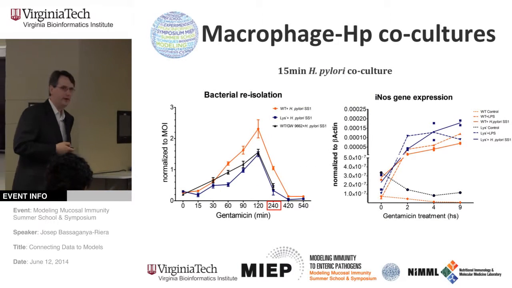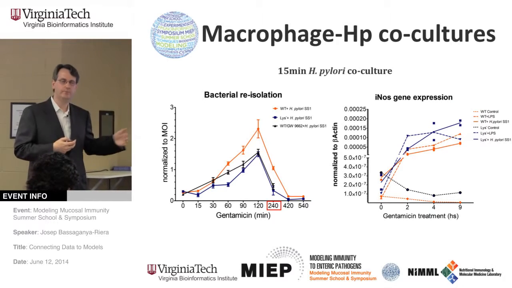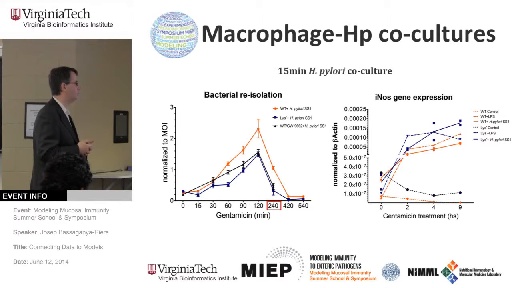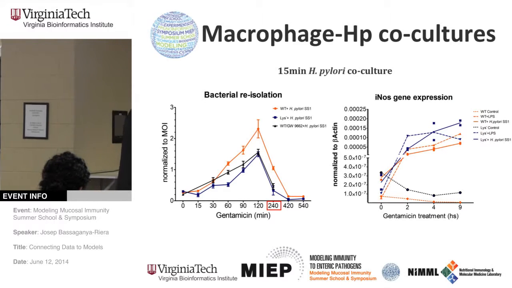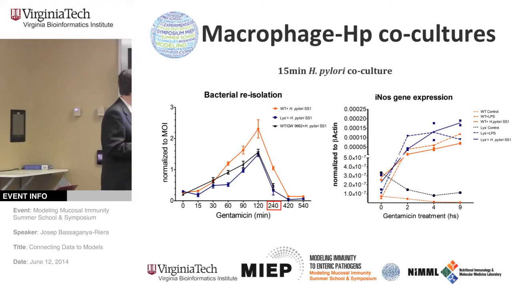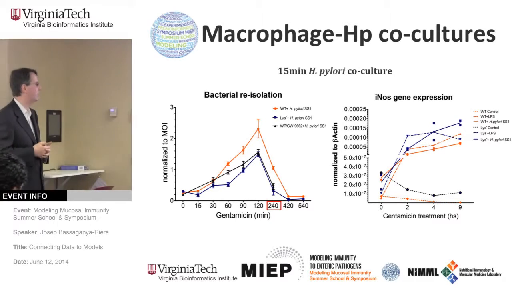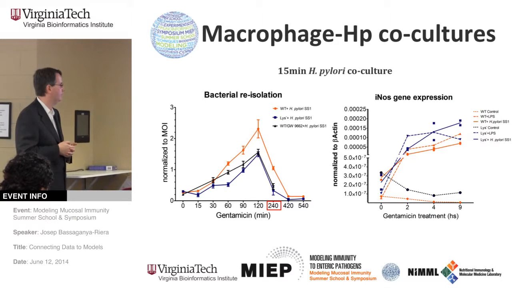And so we then run studies. The previous slide is in vivo. We run co-culture studies with macrophages from wild-type and tissue-specific PPAR gamma null mice. And the pattern was the same. The orange line represents H. pylori loads in wild-type mice co-cultured with H. pylori strain SS1.